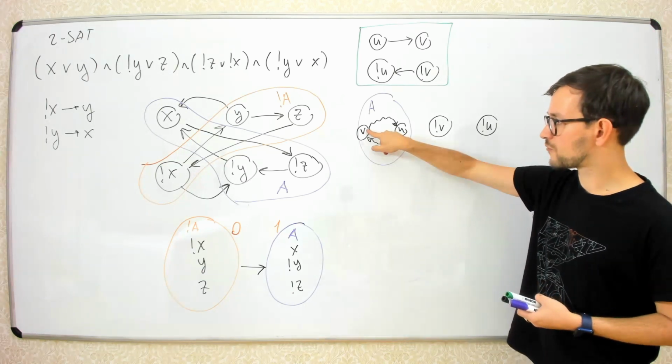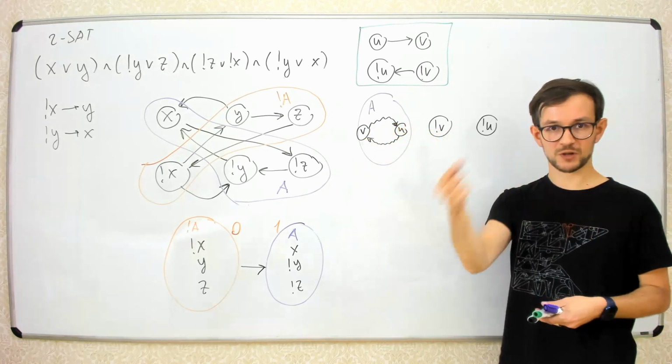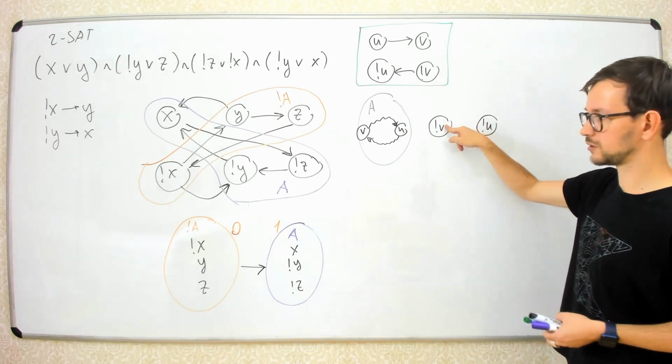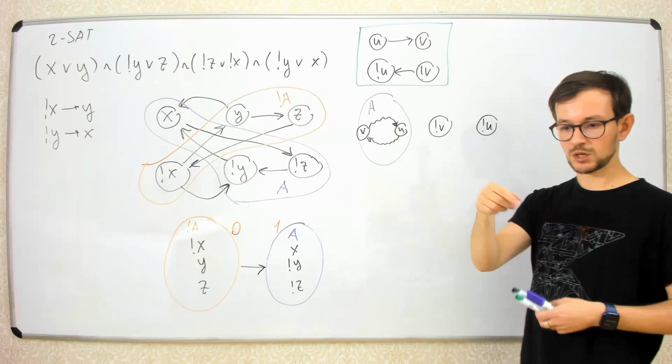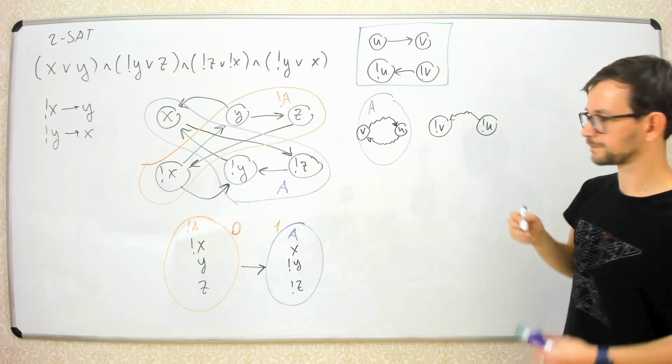If you look at the edges of the path from V to U and find the symmetrical edges, you will get a path from node U to node V, like this.